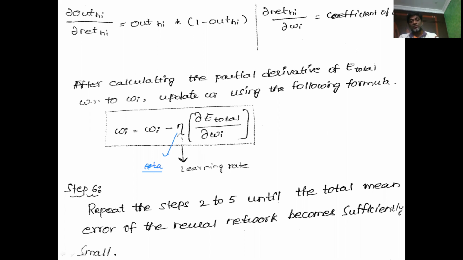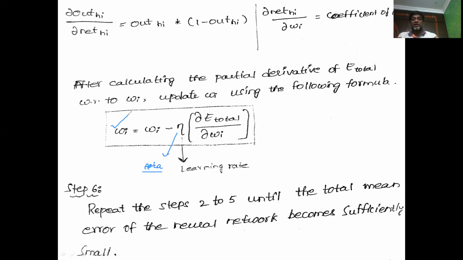By using this formula, we will update the weight Wi. For each weight in the neural network, we will use the same formula for updation. For example, for updating Wj, the formula goes Wj is equal to Wj minus eta into ∂E_total/∂Wj. We must have calculated it before we update the weight.